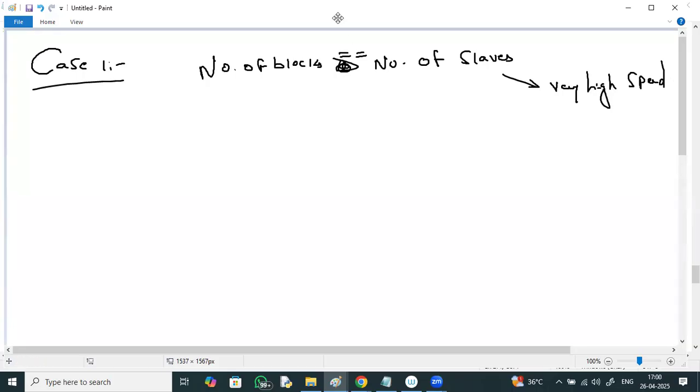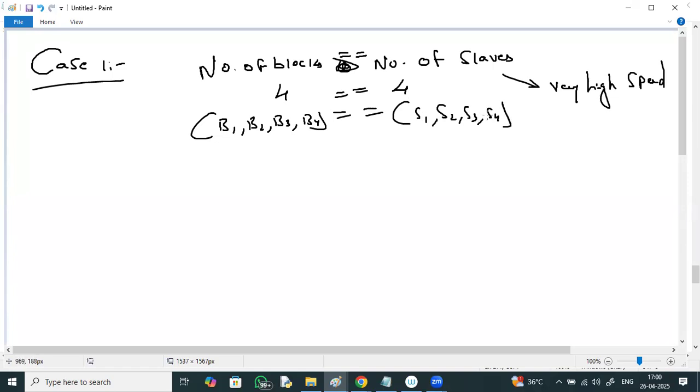Assume that you have got 4 blocks and 4 slaves. 4 blocks means B1, B2, B3, B4. Slaves: S1, S2, S3, S4. Here if we have f1.txt, file1.txt, assume 230 MB is the size. Assume the default block size, for this example purpose, is 64 MB.